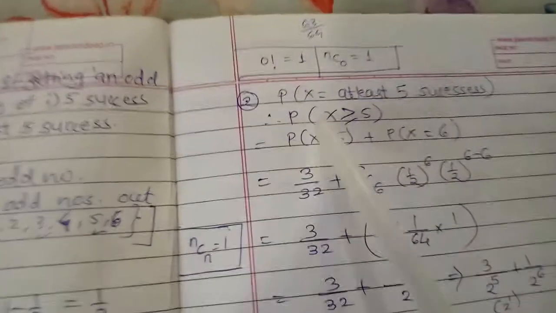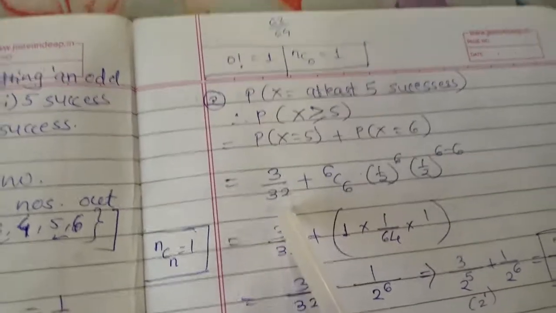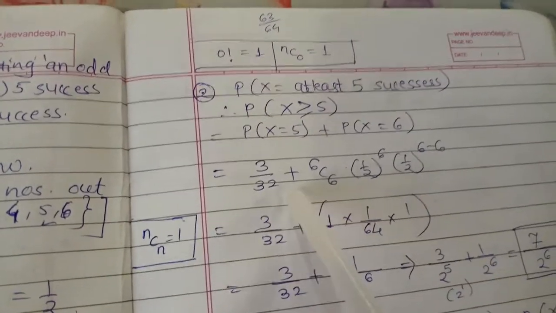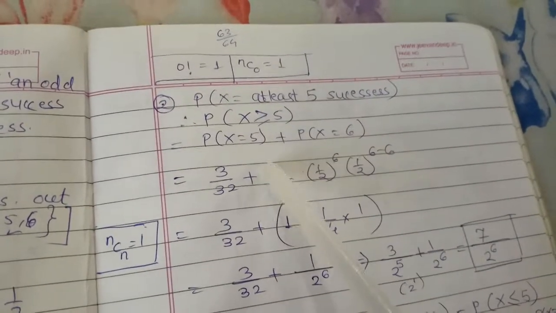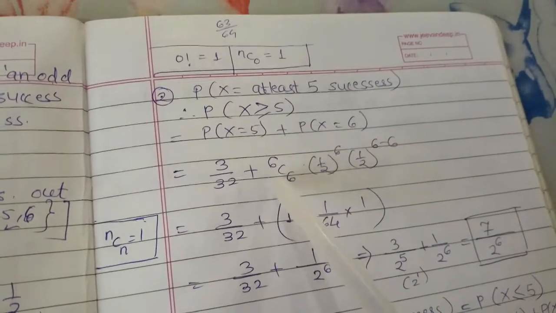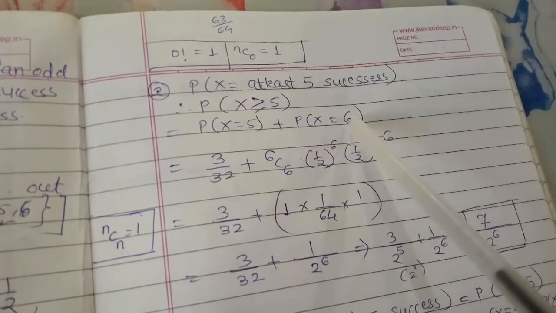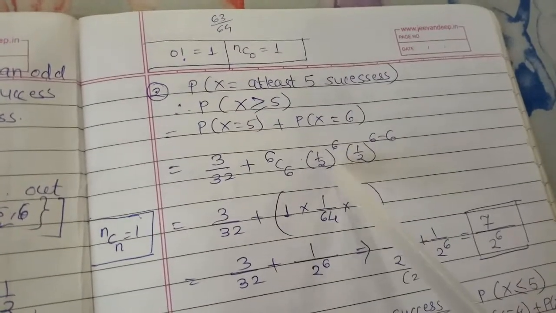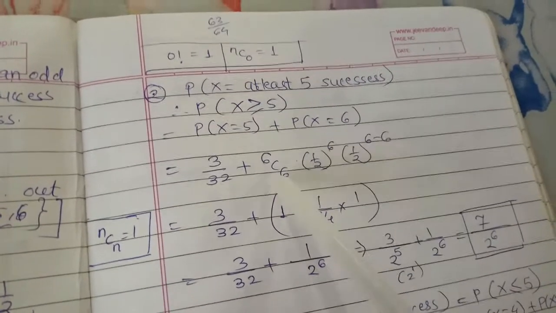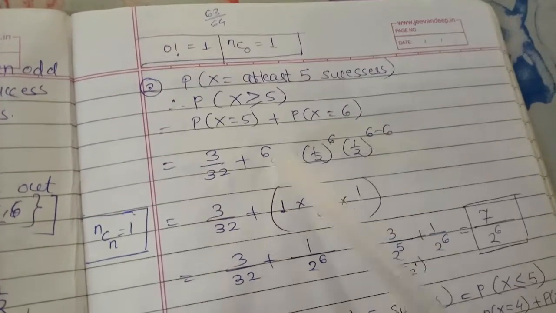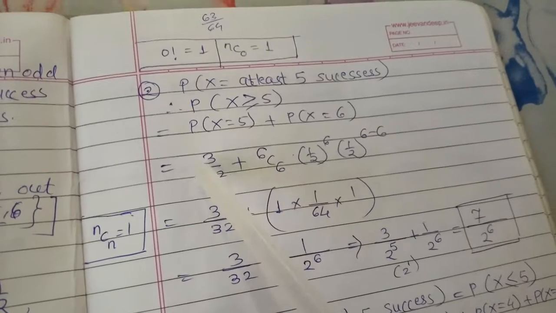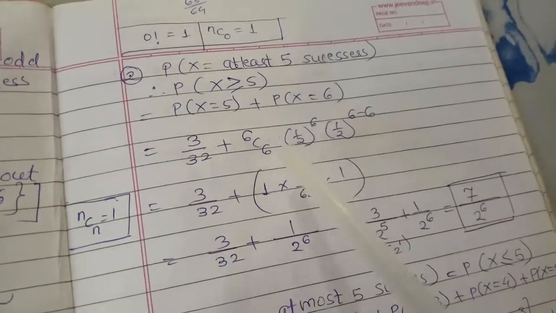So we directly put here the value, that is 3 upon 2 raised to 5, that is 32. And for this one we have to again use the formula, that is NCX. So n is 6, 6C6 because here x is 6, into p is half raised to x, that is 6, and q raised to n minus x, that is 6 minus 6. So this quantity we continue up to the last step.